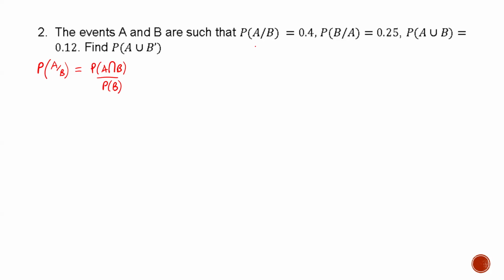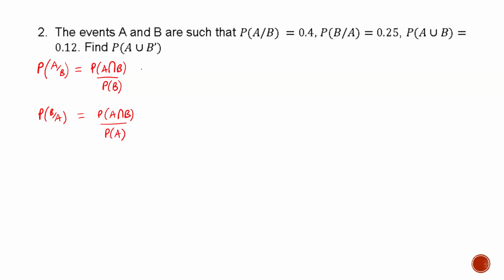If you don't understand, you can just take the formula at this point, because getting into that right now would take a lot of time. Similarly, the probability of B given A means the probability of B intersection A, which is the same as A intersection B, divided by the probability of A.